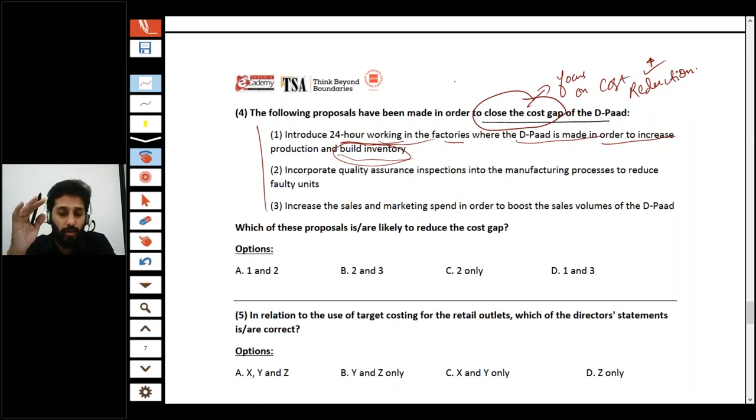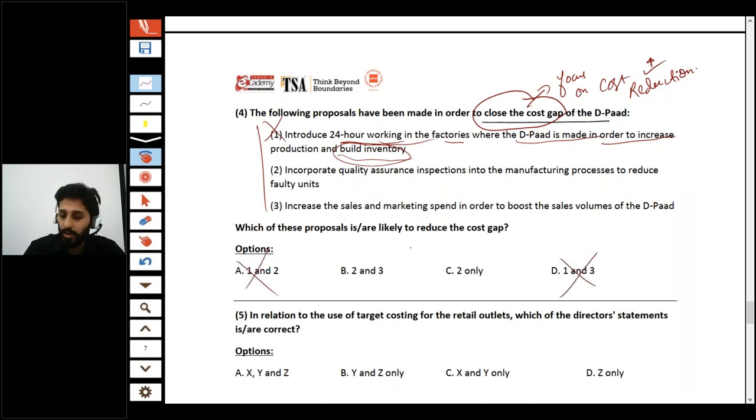Now you could be arguing that we should increase our production in order to allow the fixed cost per unit to be reduced. Now I can do that, but my demand in this specific question is of only 80 million units, and that is my estimation. Why would I be making too much effort to build the inventory? So this option would be crossed, and if one is crossed, that means D is crossed, A is crossed.